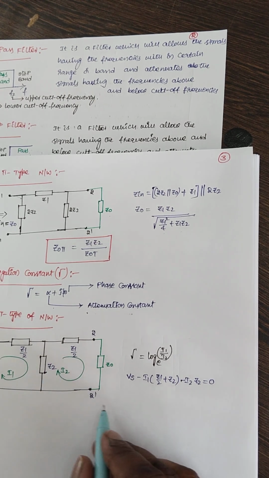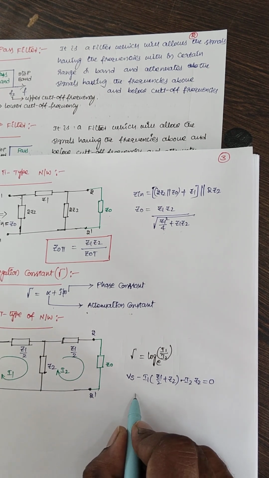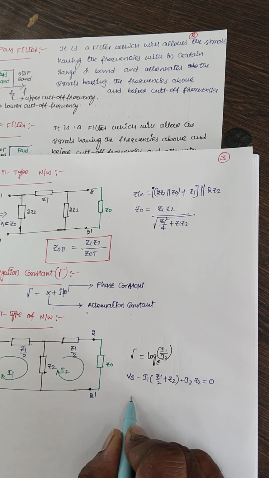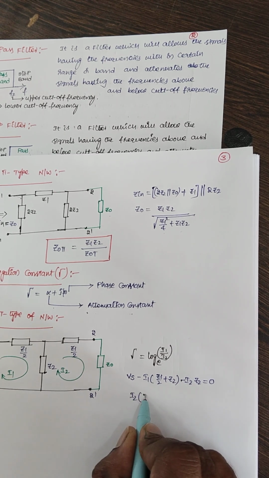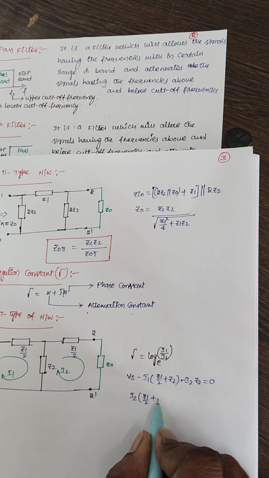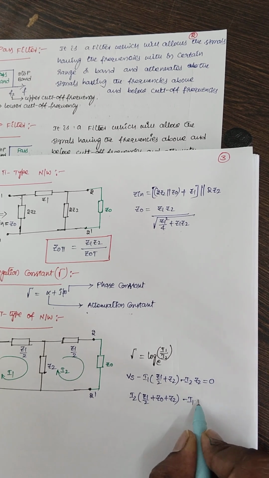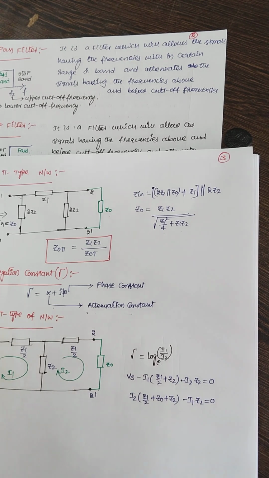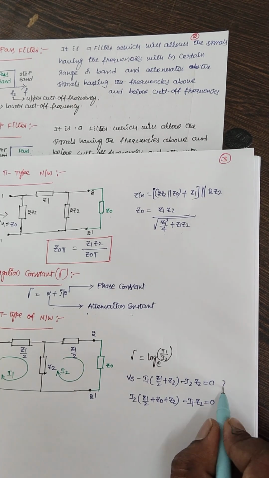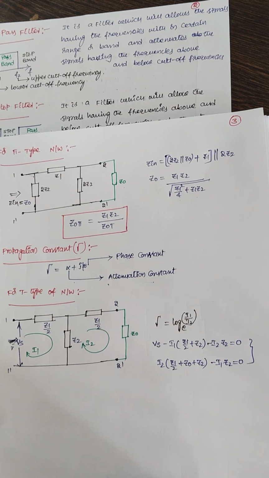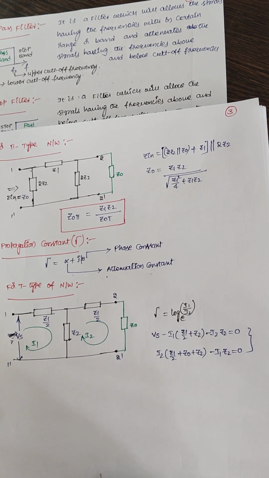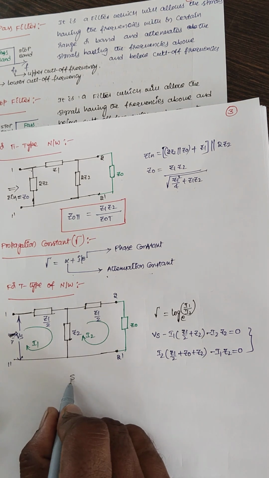And the second loop equation is I2 into Z1 by 2 plus Z0 plus Z2, minus I1 into Z2 is equal to 0. If you solve these two equations, the final result, which is important, is as follows.